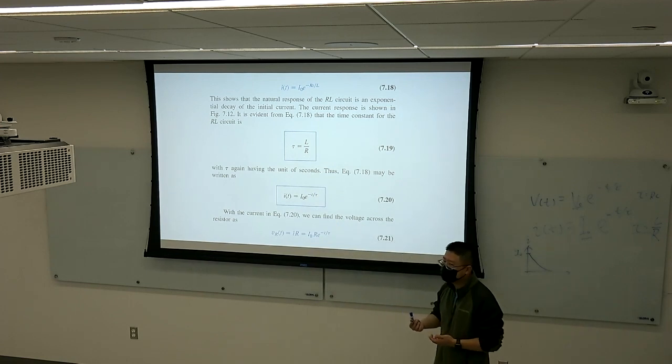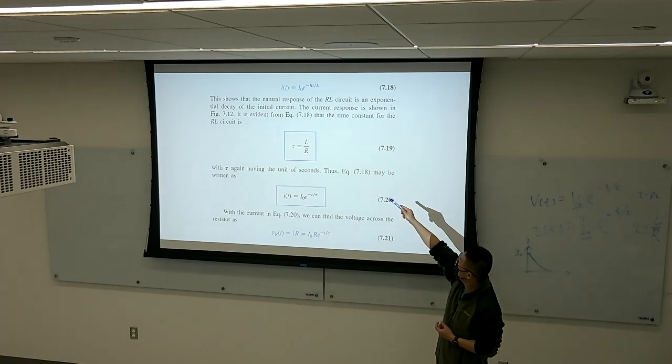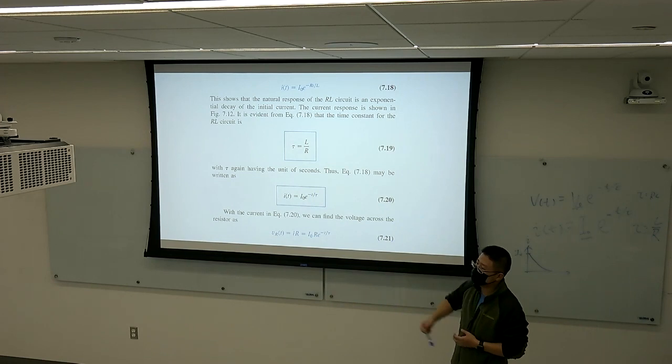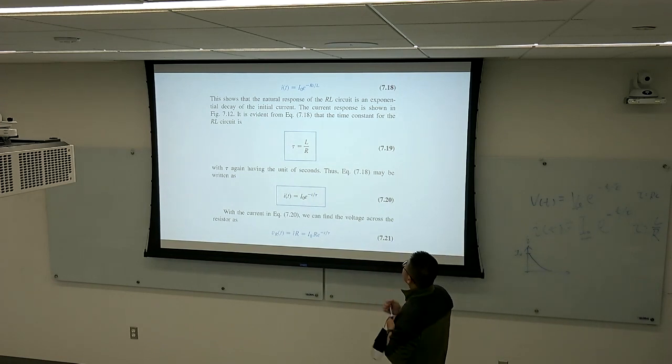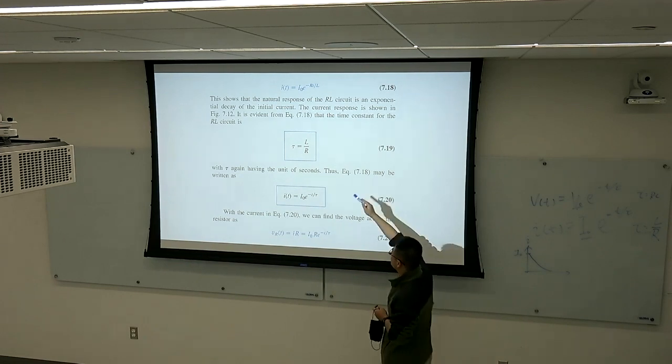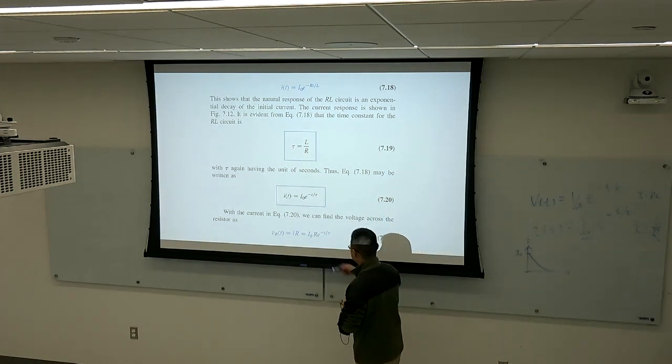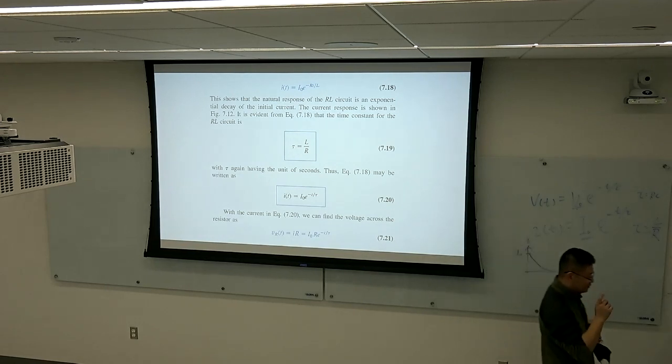But the tau here is L over R, not R times C. In the RC circuit, it's R times C, but for the RL circuit, it's L over R. And that's the RL circuit.